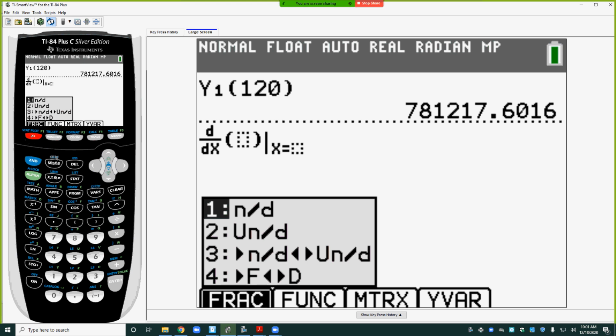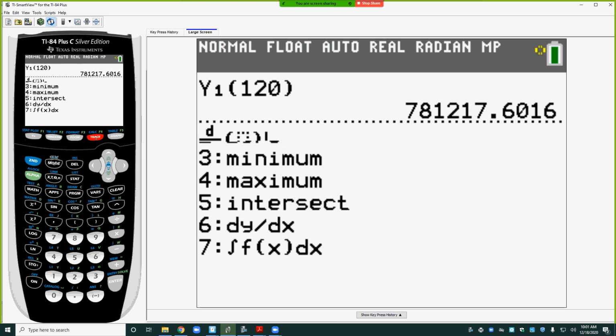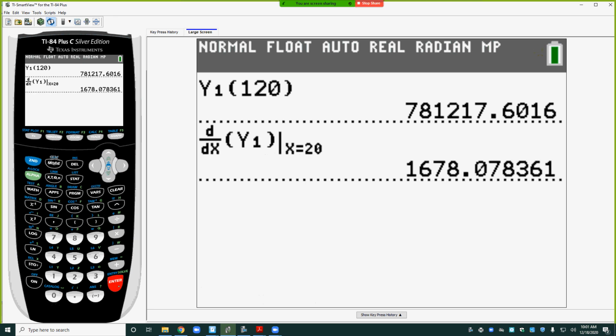Alpha F4, and X equals 20. Enter. What's my unit? The rate, dP/dt, units of P over units of t, people per year.